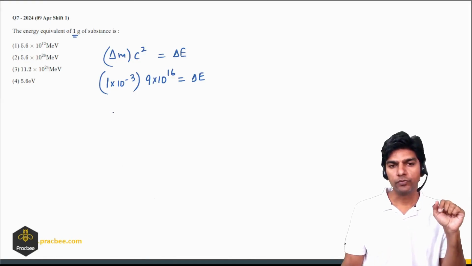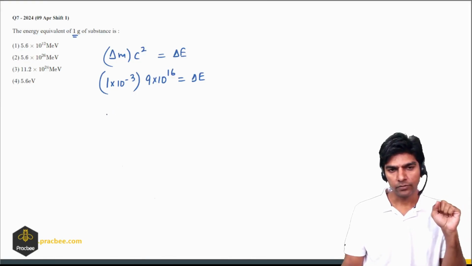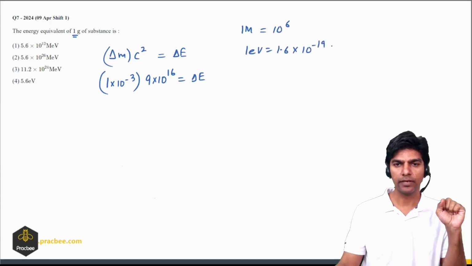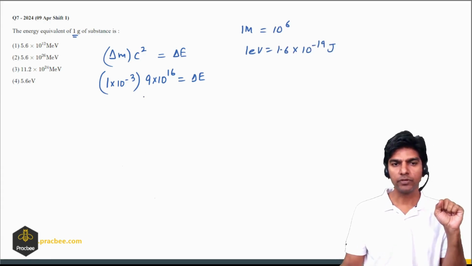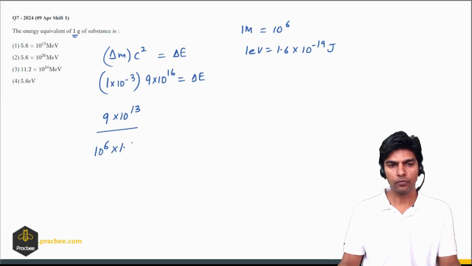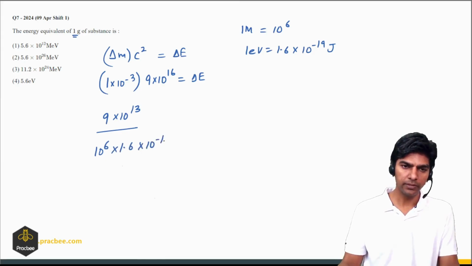Now if you want to convert energy into mega electron volt, what do we have to do? So 1 mega is 10 raised to power 6, and 1 electron volt is 1.6 into 10 raised to power minus 19 joules. So you have to divide joules by 10 raised to power 6 and 1.6 into 10 raised to power minus 19. So this will become 9 into 10 raised to power 13 divided by 10 raised to power 6 times 1.6 into 10 raised to power minus 19.